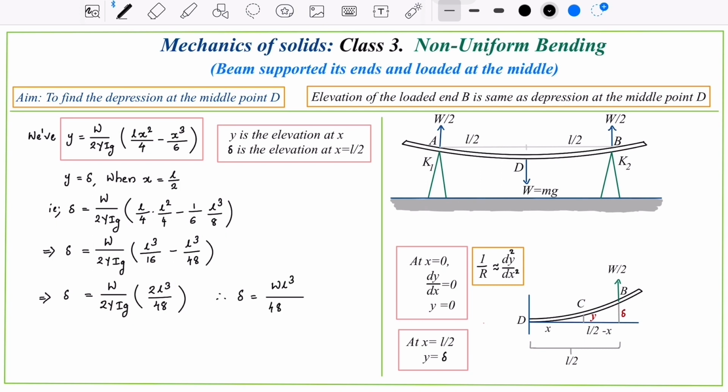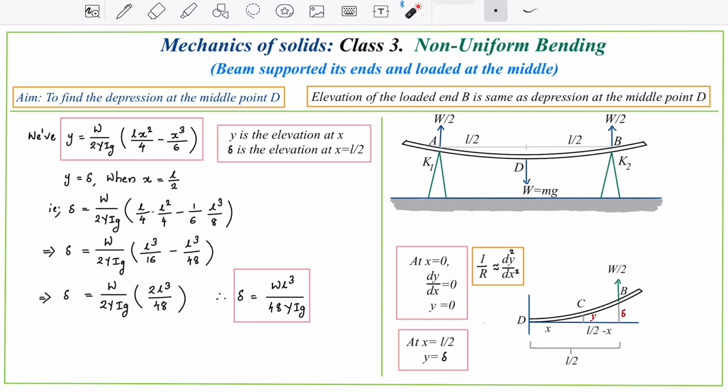This is the expression for the elevation of the loaded end B of the cantilever. It is WL cube divided by 48 YIg. What is our aim? Our aim is to find out the depression at the middle point when the beam undergoes non-uniform bending.